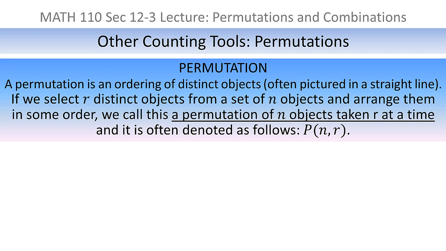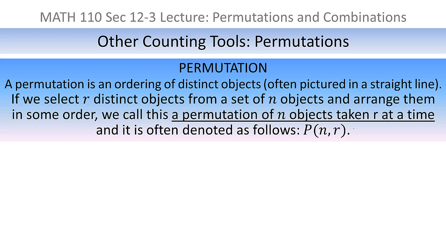A permutation is defined to be an ordering of distinct objects, and again, you often picture them as being in a straight line. It's just easy to think about them that way. If we select our distinct objects from that set of n objects, which is what we were doing with the bicycle built for 2 problem, and arrange them in some order, we call that a permutation of n objects taken r at a time.